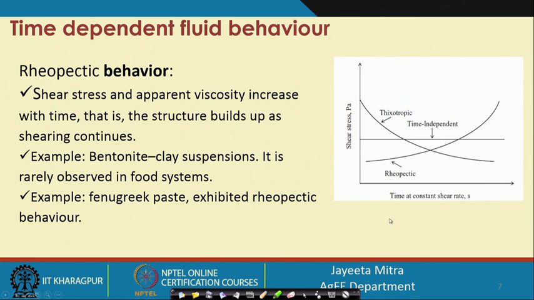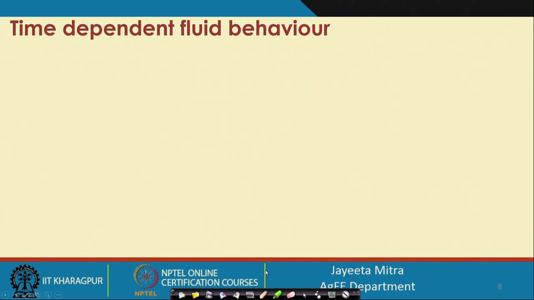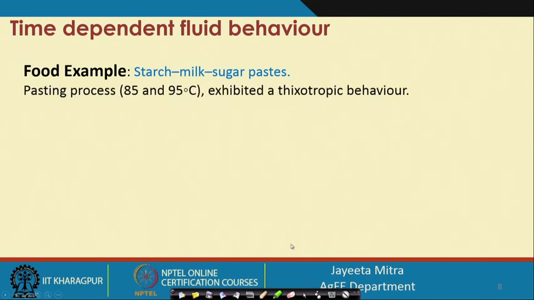Okay. So, at a constant shear rate, if time increases, shear stress and viscosity increase. This happens because of molecular interaction within the product, which increases its viscosity over time. For example, starch, milk and sugar paste.